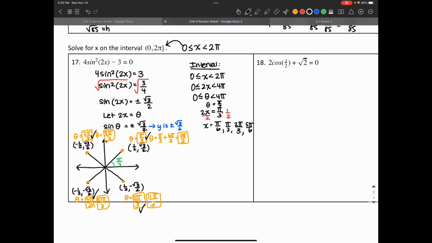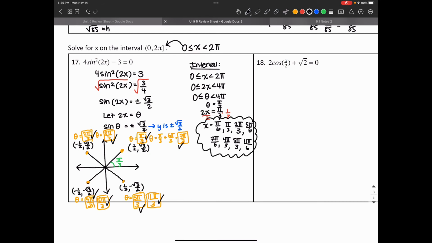And then I'll be at 7 pi over 3, which is going to be 7 pi over 6 actually. And then 8 pi over 6, which is 4 pi over 3. And then 10 pi over 6, which is 5 pi over 3. And then 11 pi over 6, which I can't simplify. So these are my 8 answers.